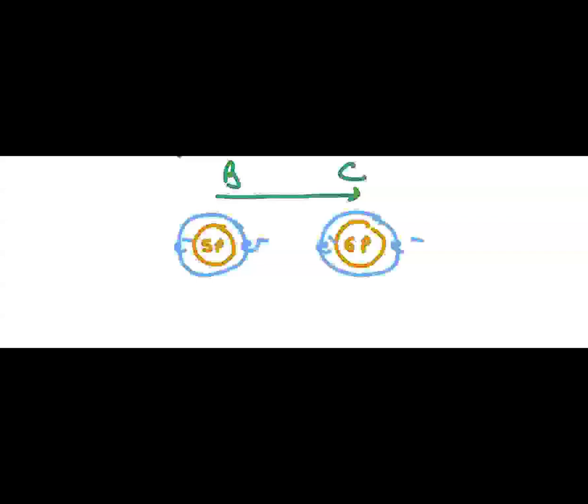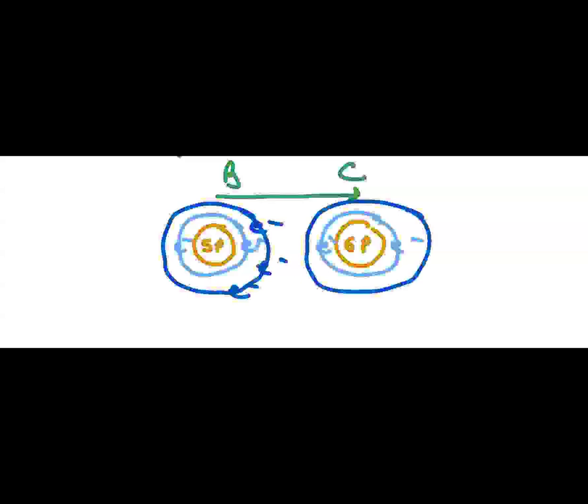And in case of boron, there are three electrons in the outer shell, whereas in carbon, there are four electrons. So what you see is that in boron, five protons are attracting these electrons, and in carbon, six protons are attracting these electrons.